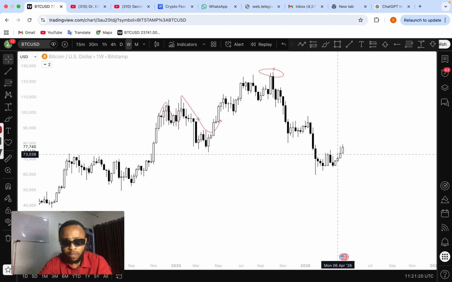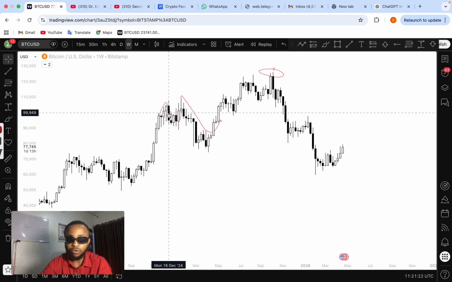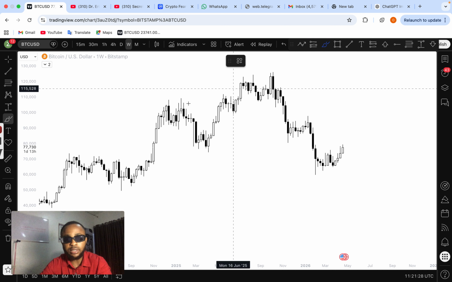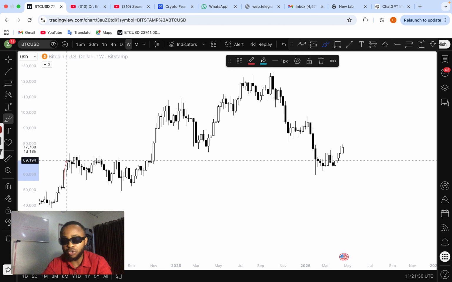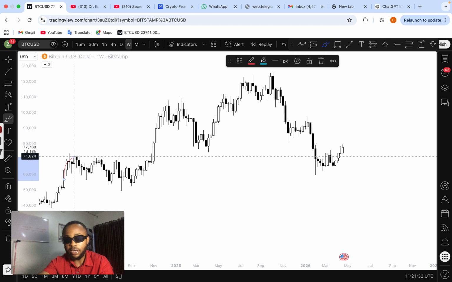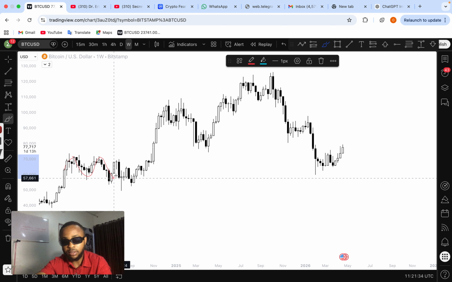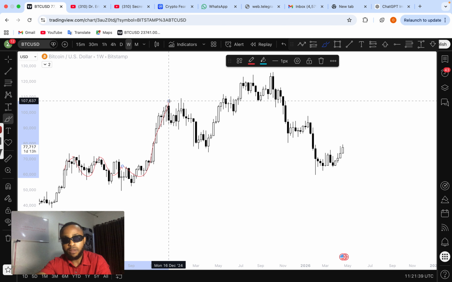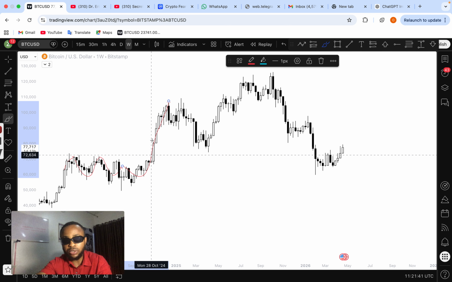So I just gave you guys a simple explanation of how this candlestick works. And the more the candlestick moves, you can see the more it moves in relation to the price. So the more the candlestick moves, the more it reflects what price is at the moment.